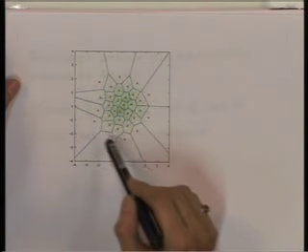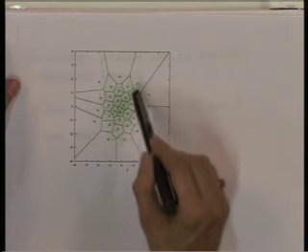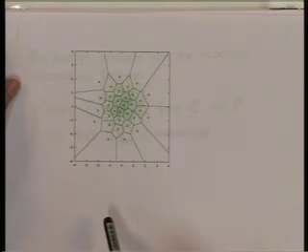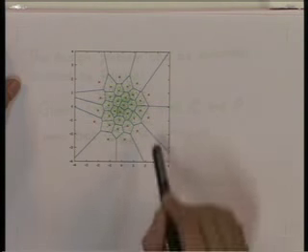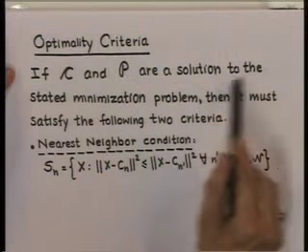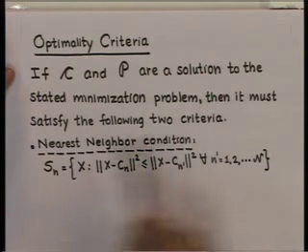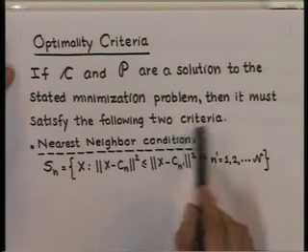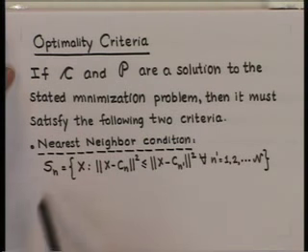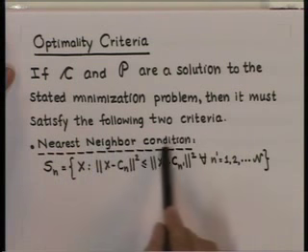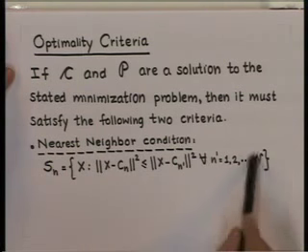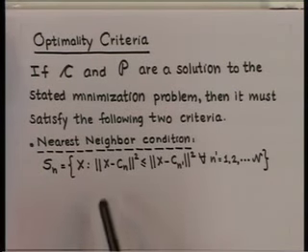Now, this code book and partition P, which we obtained as a solution to this problem, have to satisfy certain optimality criteria. So, if C and P are a solution to the stated minimization problem, then they must satisfy the following two criteria. The first criterion is the nearest neighbor condition given by this expression.